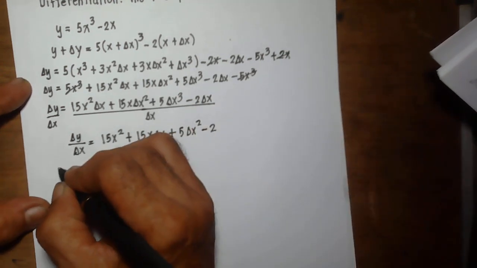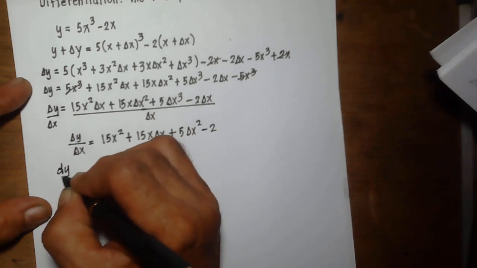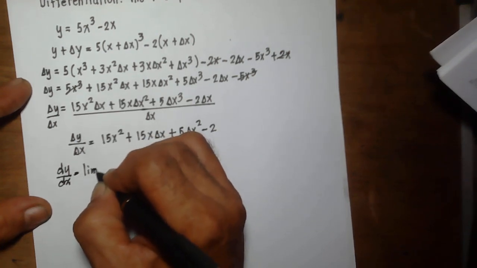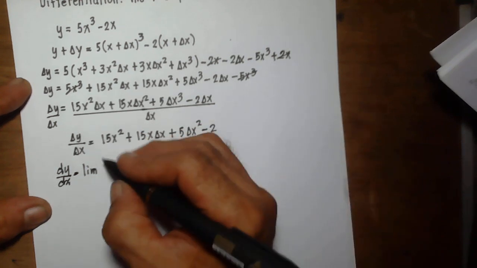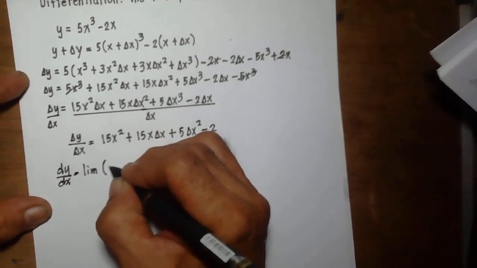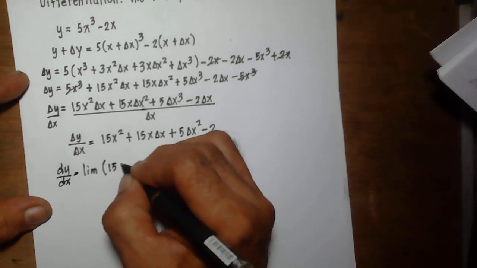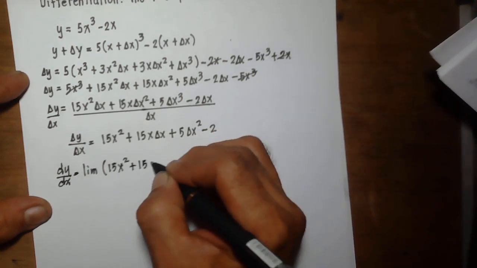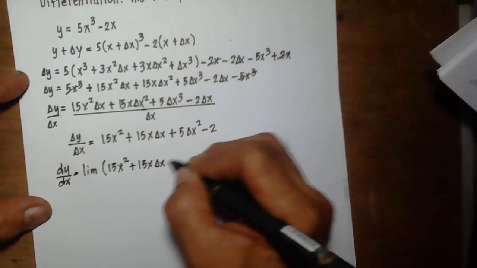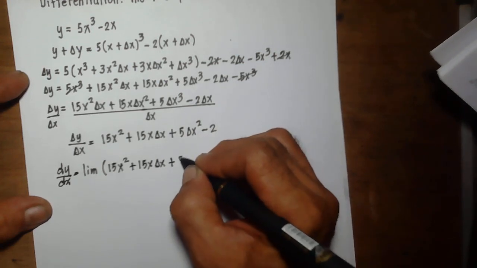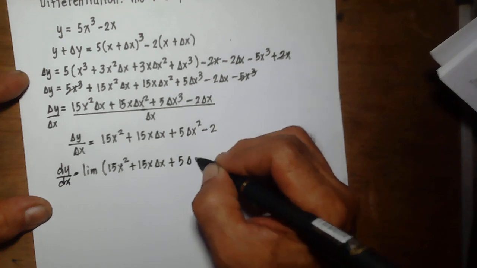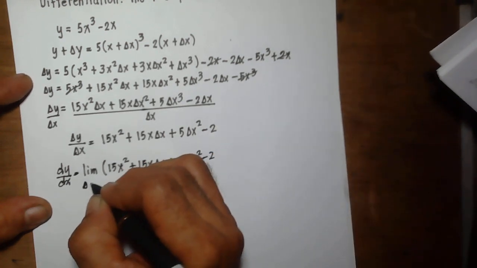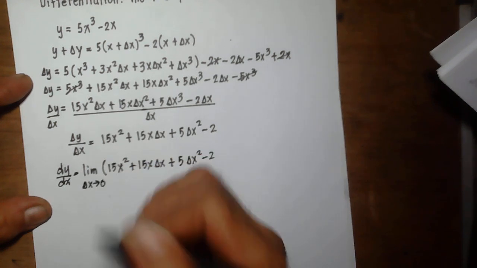Solving for dy dx, we know that dy dx is equal to the limit of 15x squared plus 15x delta x plus 5 delta x squared minus 2 as delta x approaches 0.